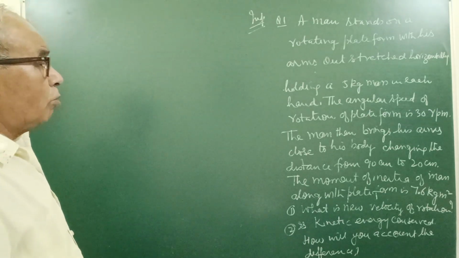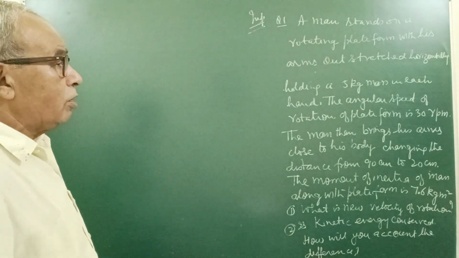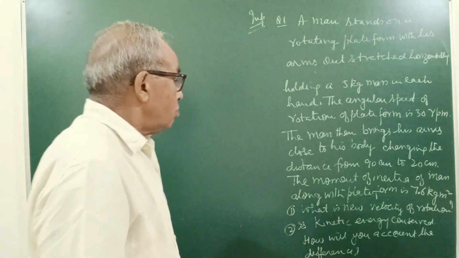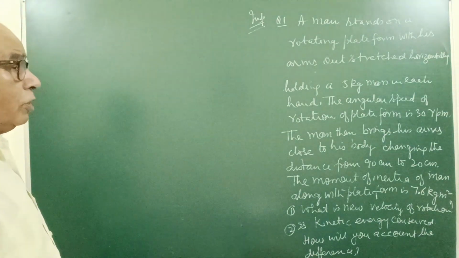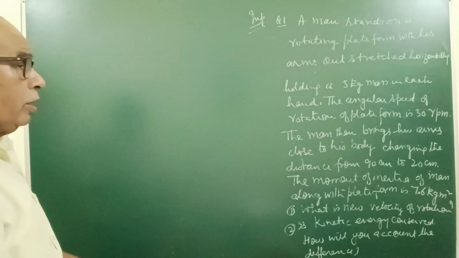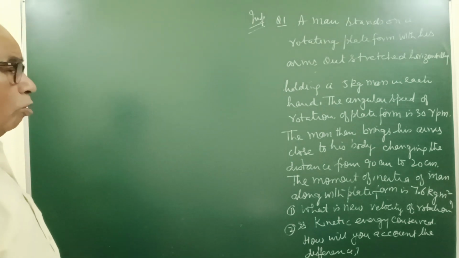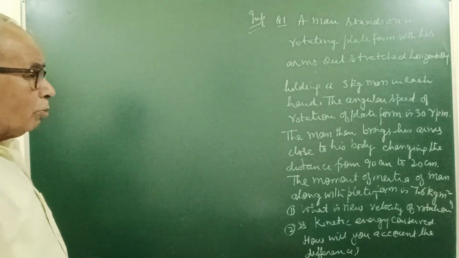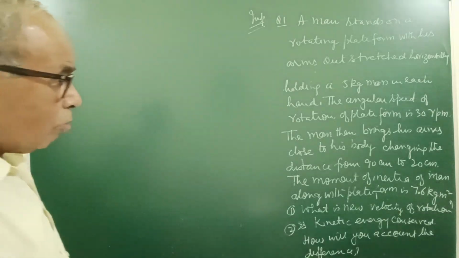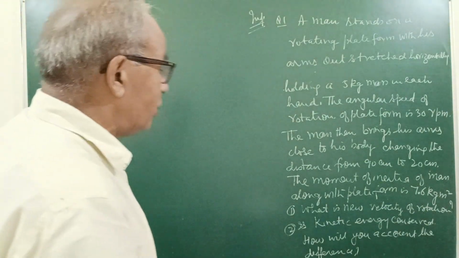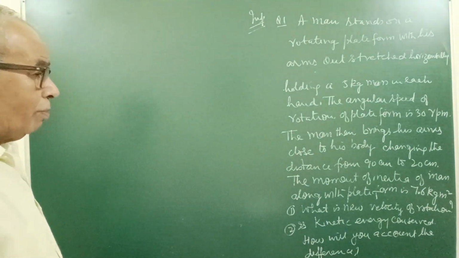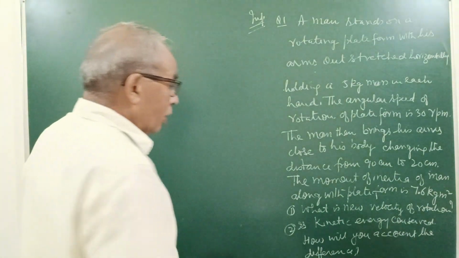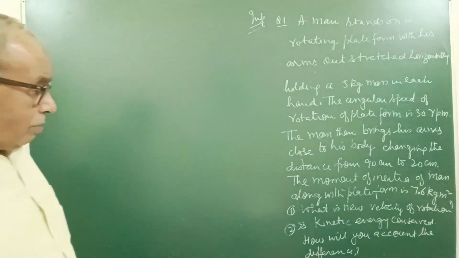The angular speed of rotation of the platform is 30 rpm. The man brings his arms close to his body, changing the distance from 90 cm to 20 cm. The moment of inertia of the man along with the platform is 7.6 kg m². What is the new velocity of rotation?